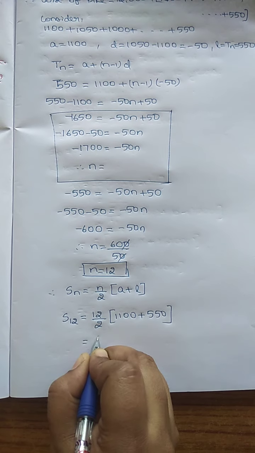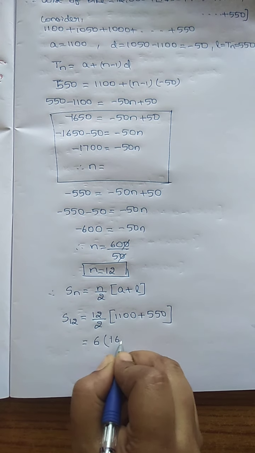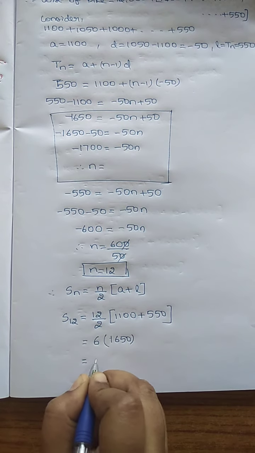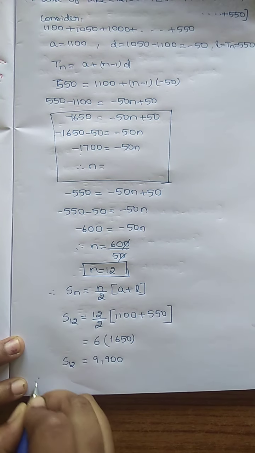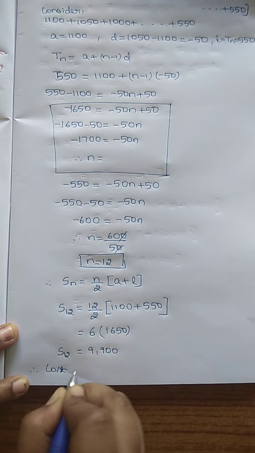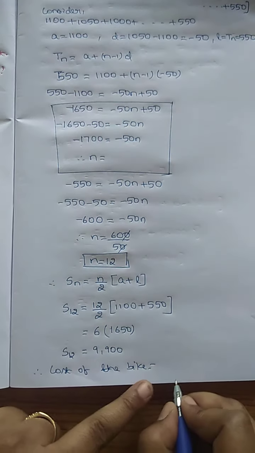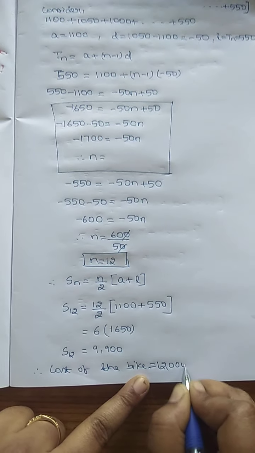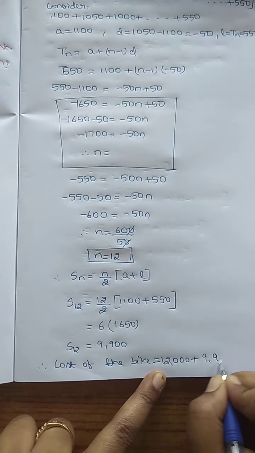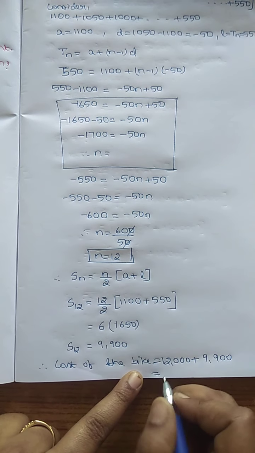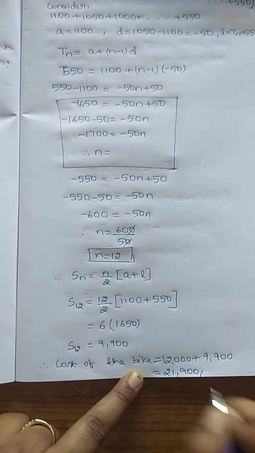That equals 6 into 1,100 plus 550, which is 1,650, equal to 9,900. Therefore cost of the bike equals 12,000 plus the total sum of these terms, 9,900. It will be equal to 21,900. Thank you, students.